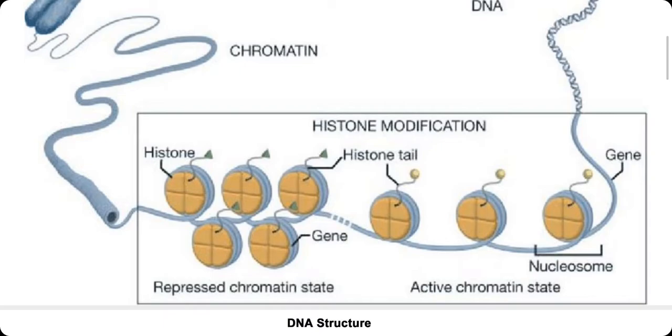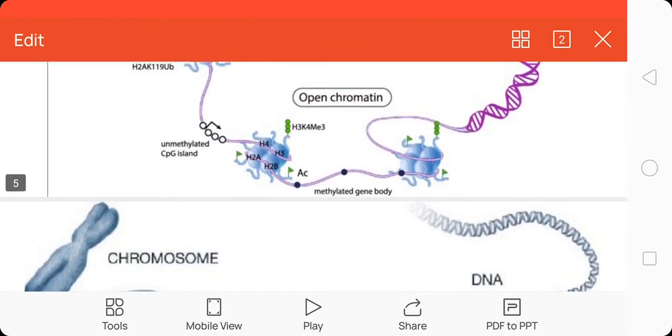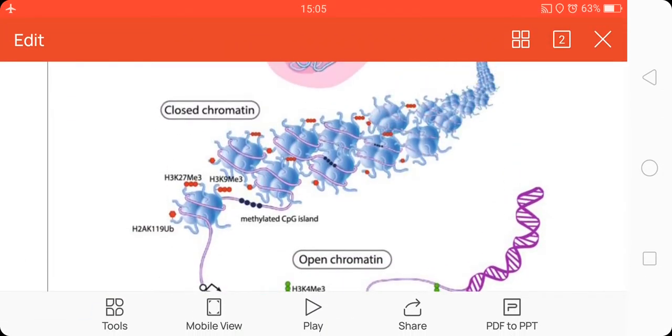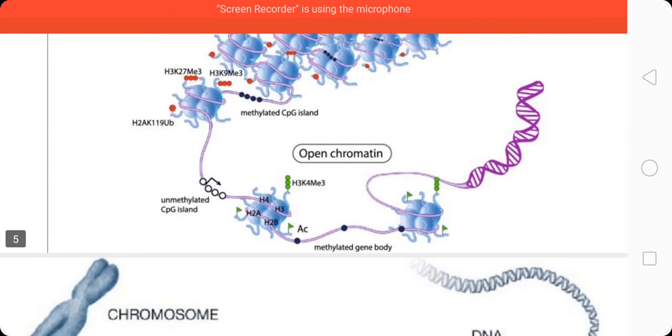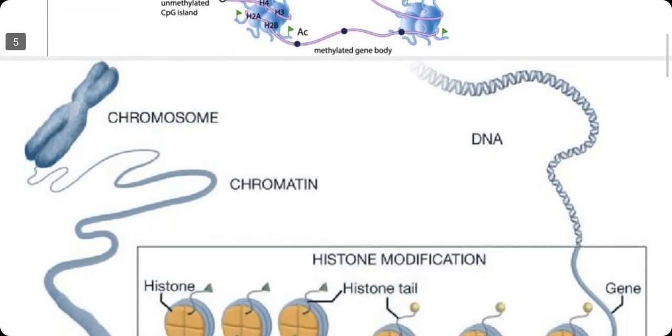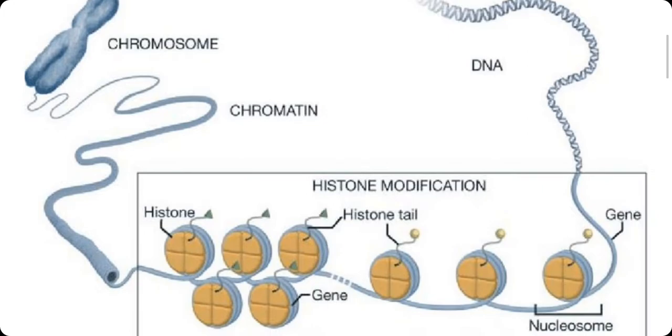One gene, one histone. And then next we can see histones are arranged like a fiber. So they already compress a little bit more, and they produce a fiber. The name of this fiber is chromatin. Chromatin is then compressed further into a chromosome.